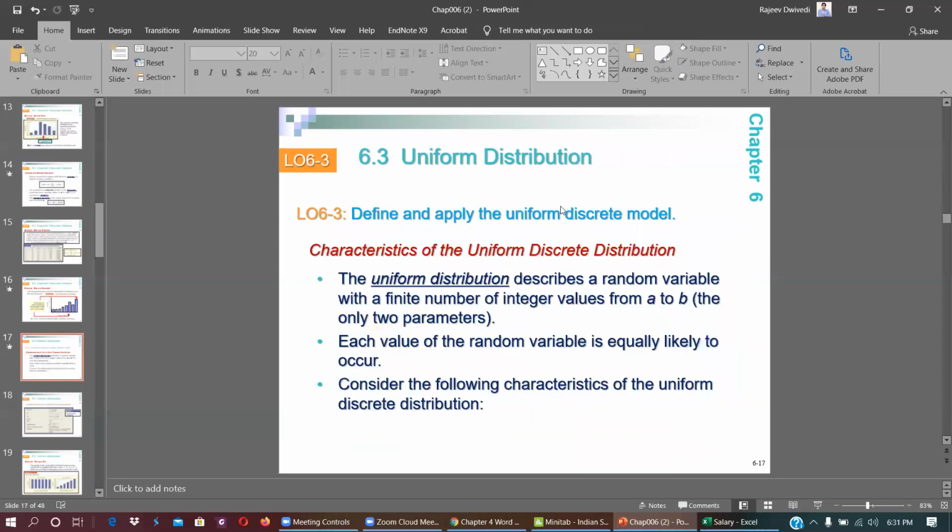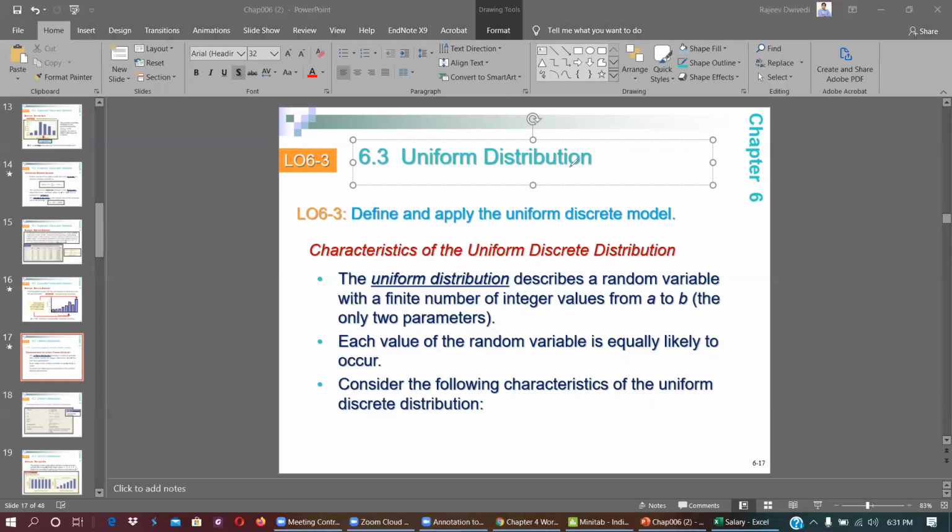Now we are coming to the real business, which is distribution functions, starting with uniform distribution. What is the uniform distribution? I can clearly explain here. Let's say in my class we have freshman, which is first year, sophomore, which is second year, junior, which is third year, and senior, which is fourth year student.